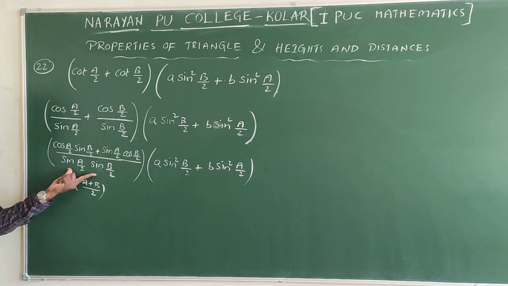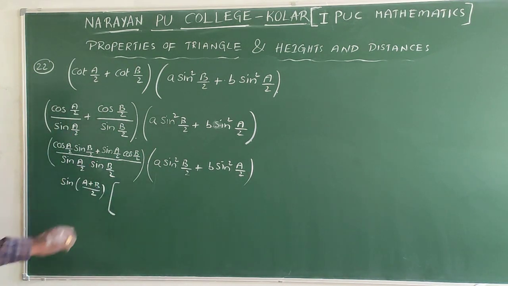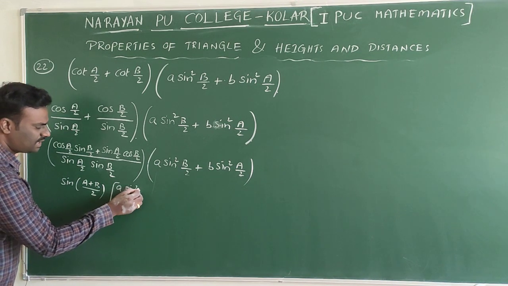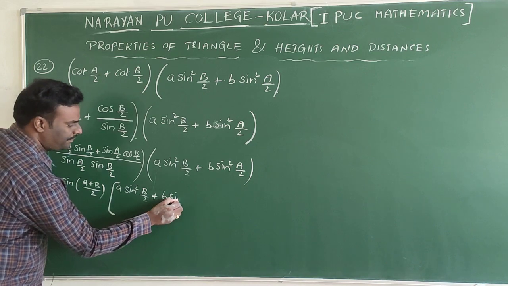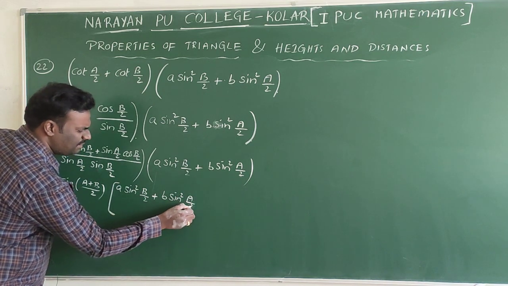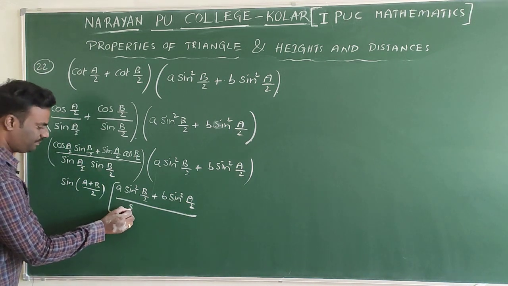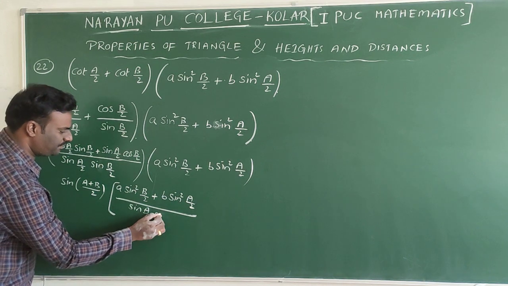So this denominator, I can take the denominator of this. We can take because both are in the product. Now A sin square B by 2 plus B sin square A by 2 by denominator sin A by 2 sin B by 2.